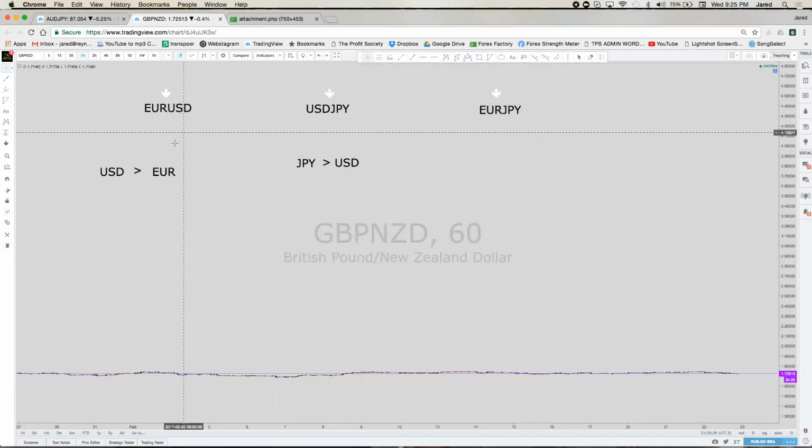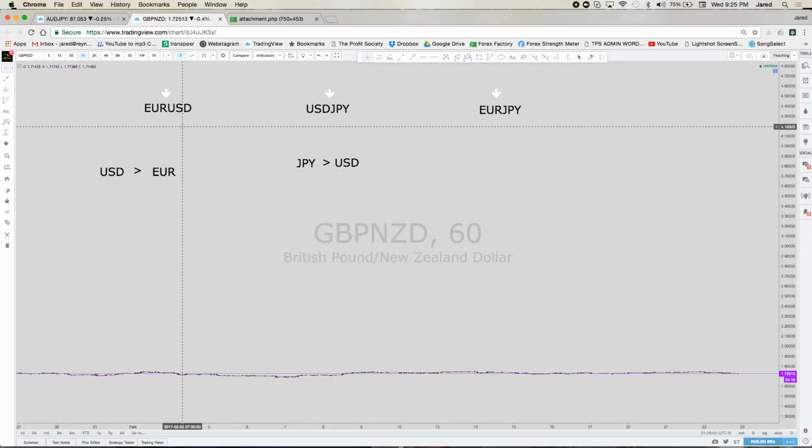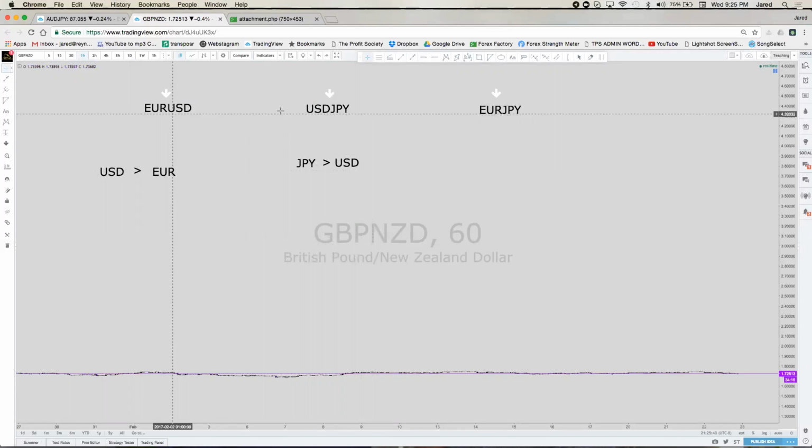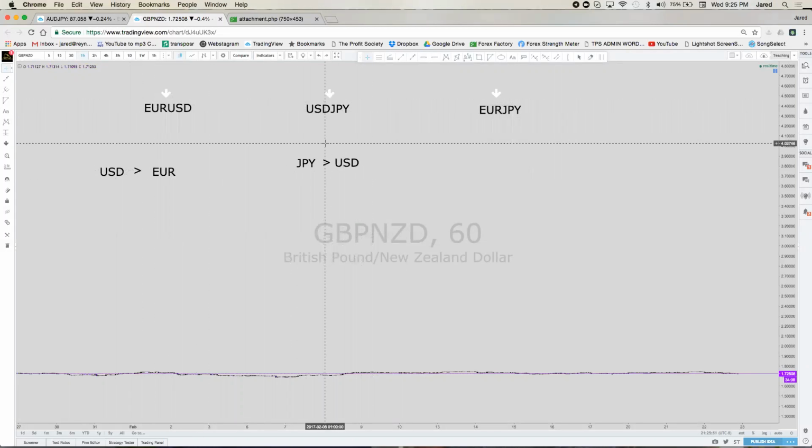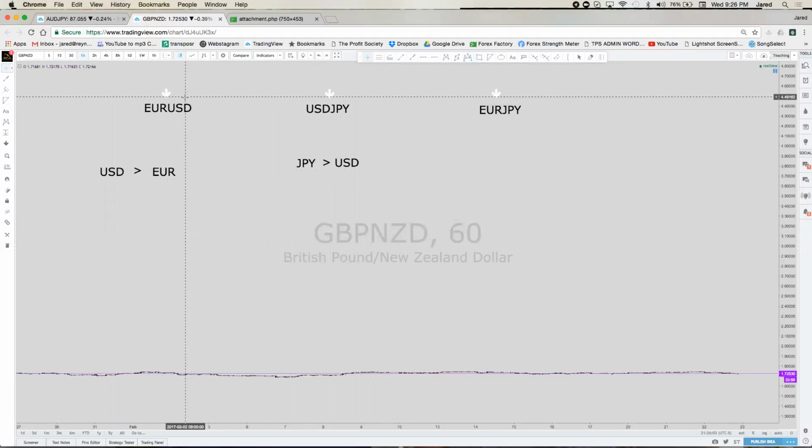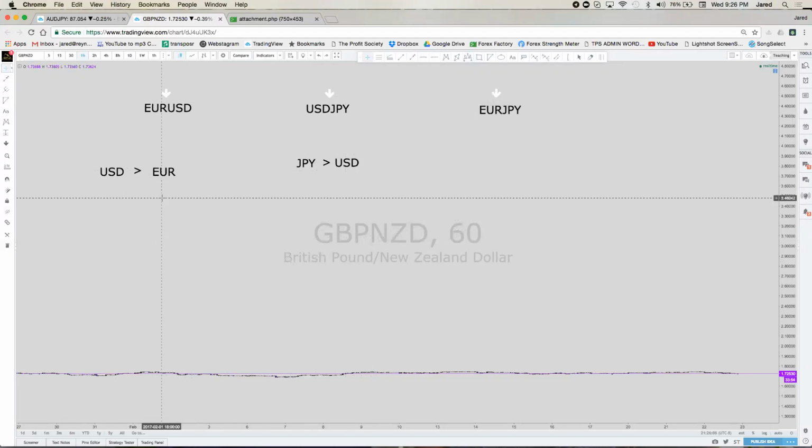All right, so just because these are inverse pairs generally does not mean that they still can't go the same direction. If EU and UJ are falling, all that means is that the Japan yen is stronger than the US dollar, because you have to look at each pair by itself. Look at this pair. Japan yen is stronger than the US dollar, therefore it's going to fall. And the US dollar was stronger than the euro, therefore it's going to fall.